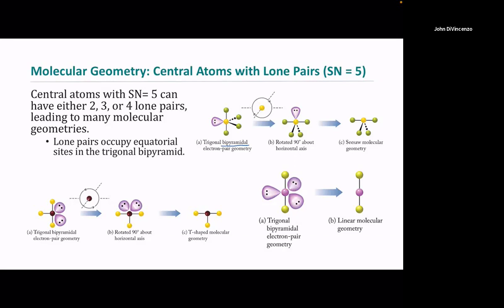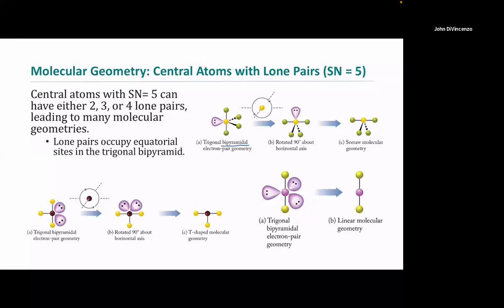It's going to be 120 from these others, right? If I was to take off an axial one, then the lone pair is 90 degrees away from 3 of these. So that's going to create more tension. You see? 90 degrees obviously is less than 120.